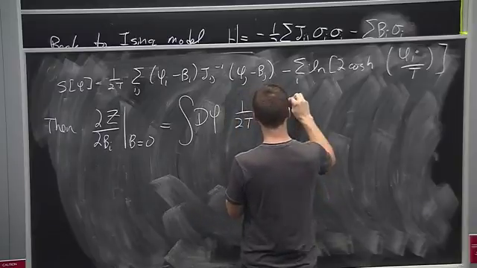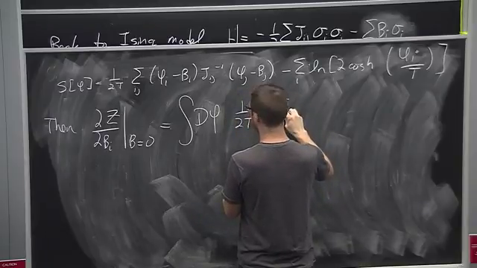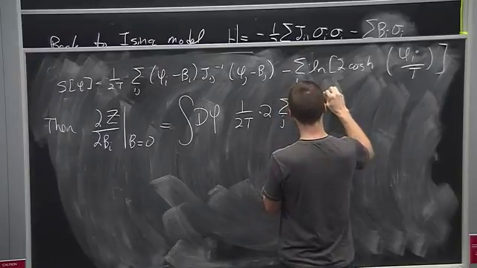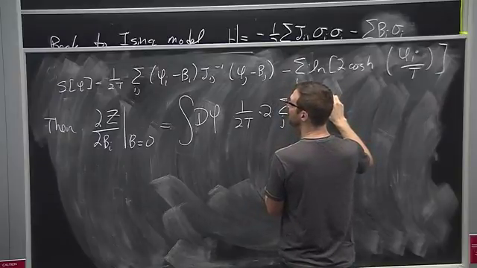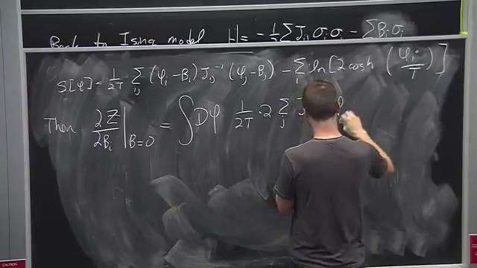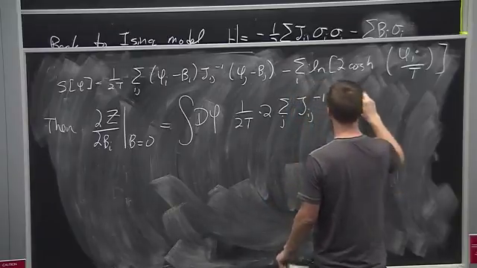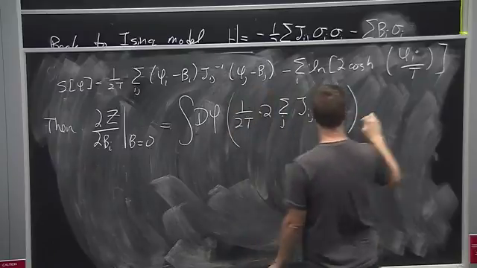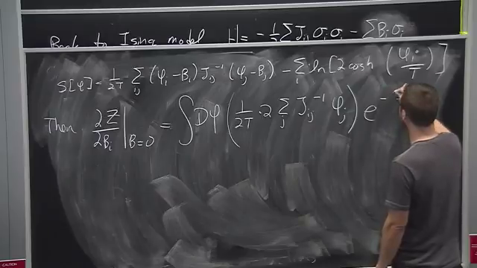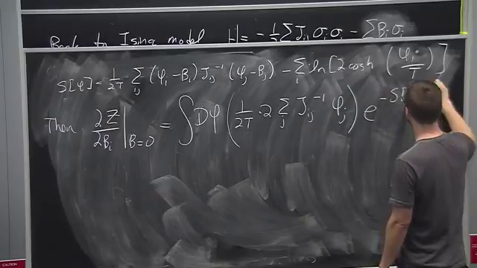Then it's going to be something like j minus 1, let's see, phi j. E to the minus, you know, it's an exponential, so it's the same action. I'll just write it like that.